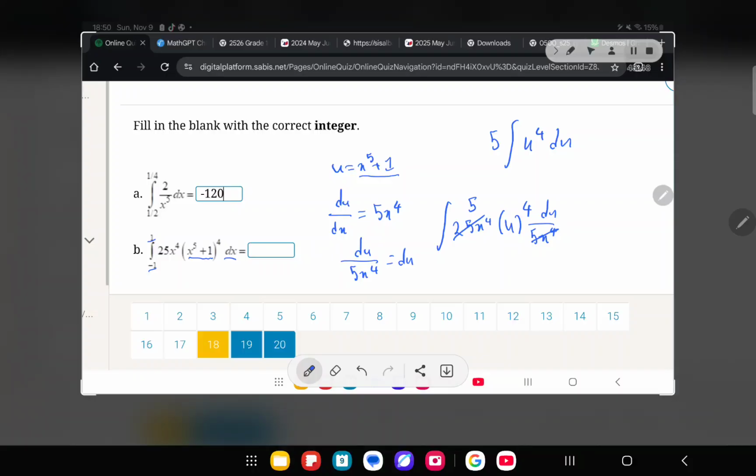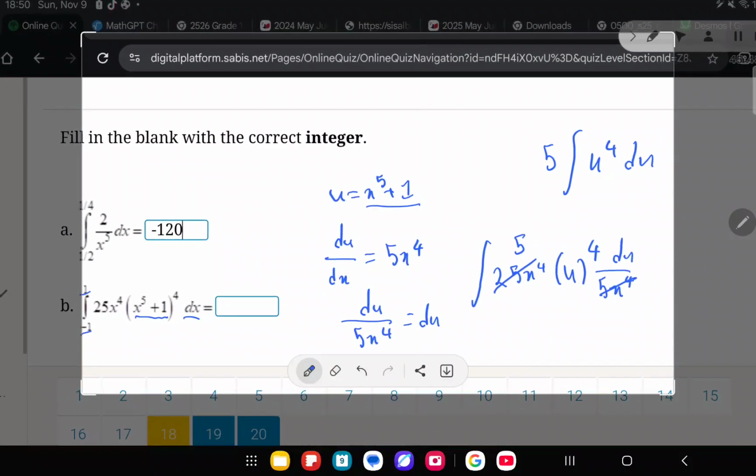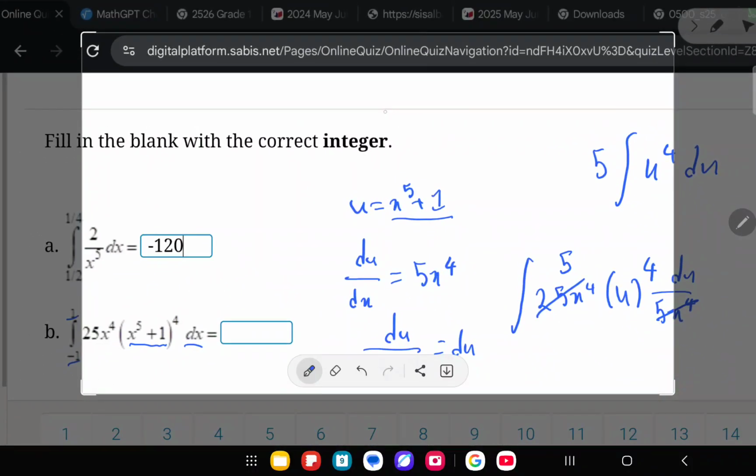However, we don't want an indefinite integral, we want a definite integral, and you cannot put minus 1, 1. Why? Because now we're integrating with respect to u, so you cannot be substituting u and x. So what you do, you just give the x values and you plug them in u. So we have x equals minus 1 and x equals 1.